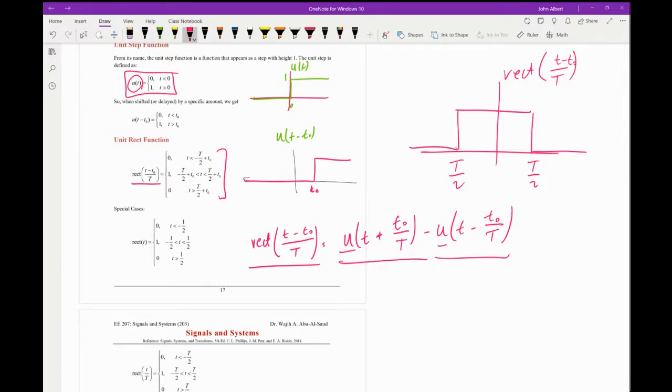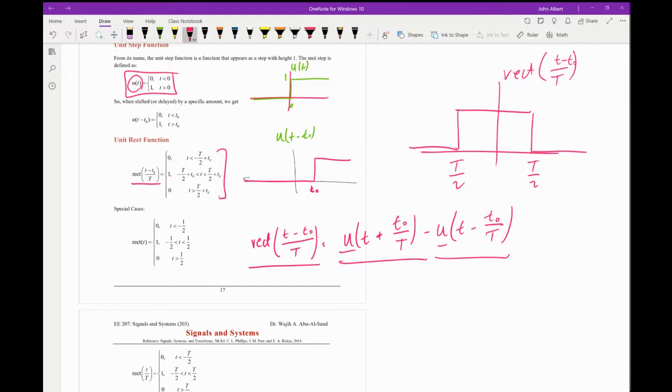Now, are those the only two singularity functions that we're going to study? No, there is a third one, which I think is as important as the step function, yet it's more difficult to understand. The reason why it's more difficult to work with is that it's more theoretical rather than practical.